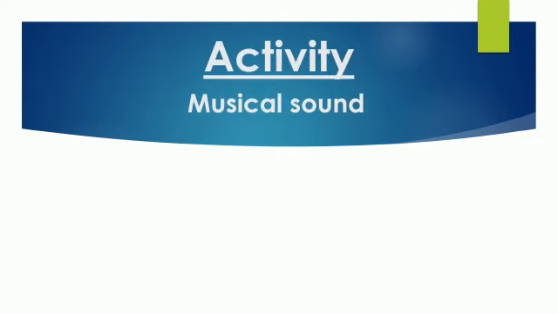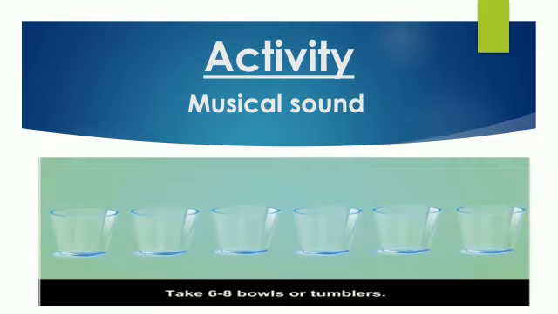Dear students, now we will do an activity. In this activity, we will produce musical sound with some balls. Are you ready? So let's start the activity. For this activity, take 6 to 8 balls, tumblers, or you can also take glasses.